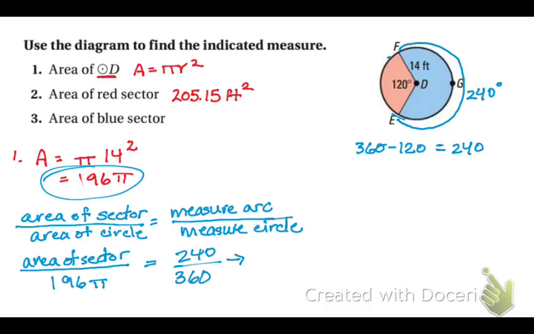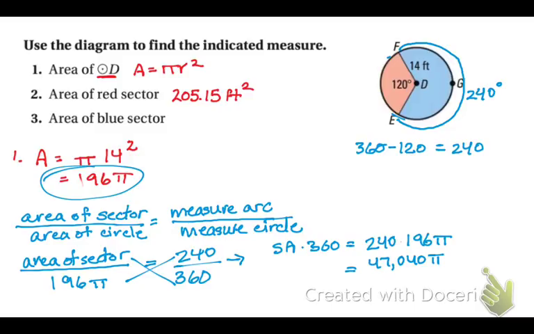So again, we cross multiply, and we get the area of the sector times 360 is equal to 240 times 196 pi. So 240 times 196 pi is 47,040 pi.